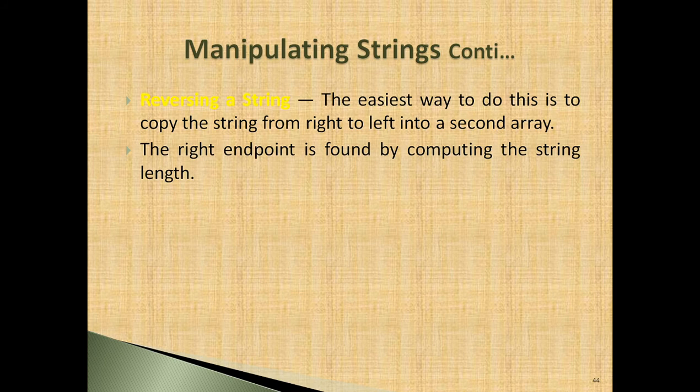Next operation is reversing a string. The easiest way to do this is to copy the string from right to left into a second array. Reversing the string means we copy the string from the right and go to the left. So while doing this one should first find the length of the string, that is, the right endpoint is found by computing the string length.